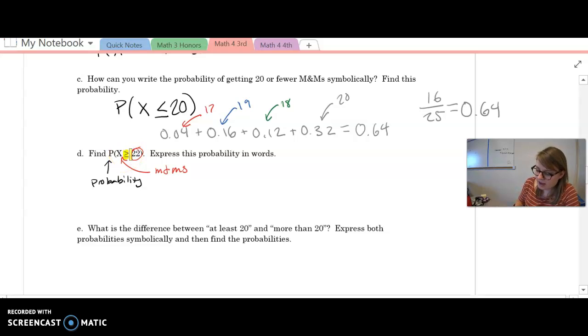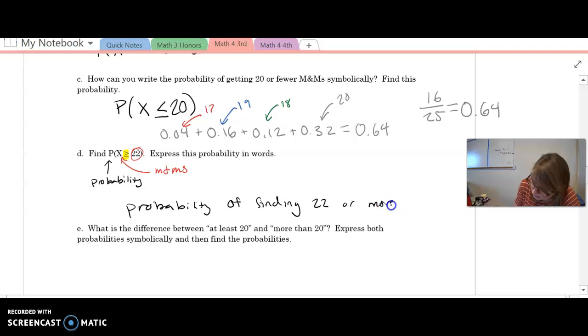That tells me that x is going to be 22 or greater. So 22 is the least amount of pieces that we can have, and anything above it will work as well. So this is the probability of finding 22 or more pieces of candy. Okay?